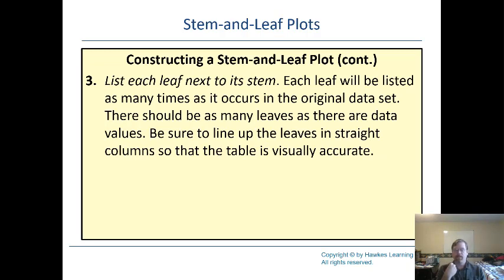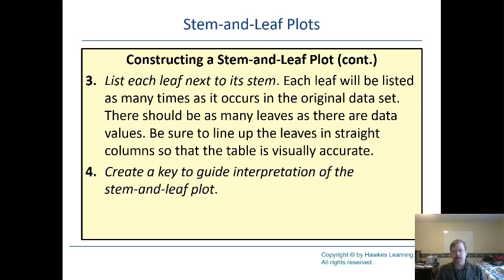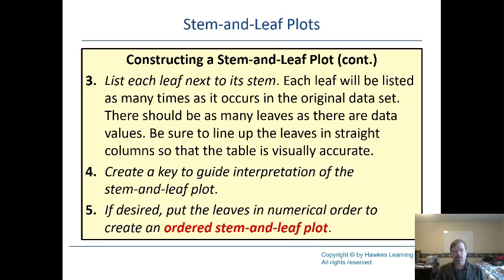You list each leaf as many times as it occurs, so if you've got duplicates, you put the duplicates in. Please try to make sure they're lined up in straight columns so that the size is visually accurate. And then you create a key. If you want to put them in order, you create an ordered stem and leaf plot.